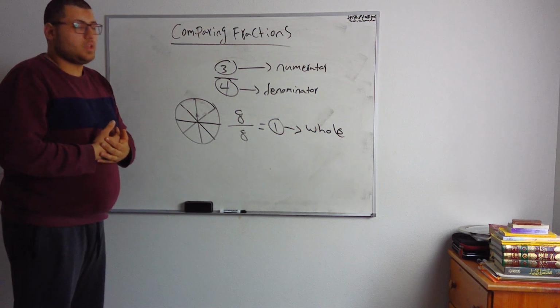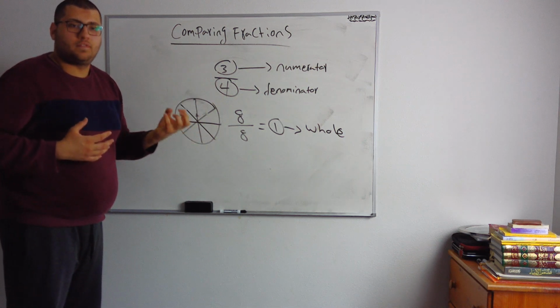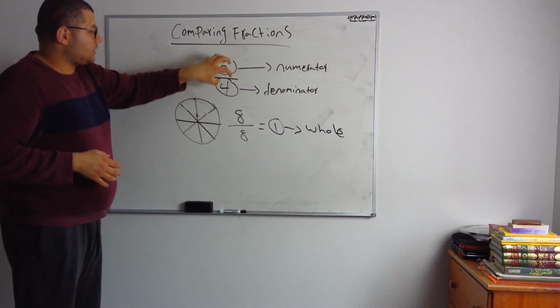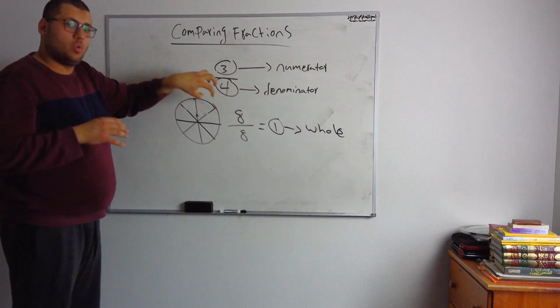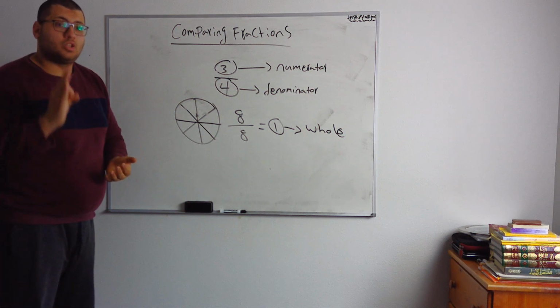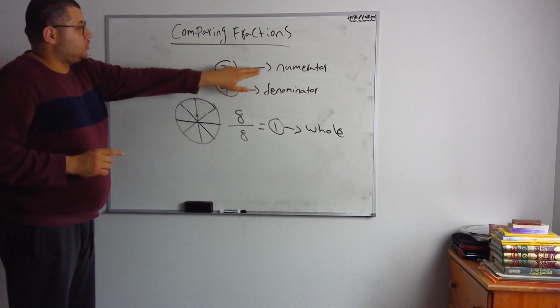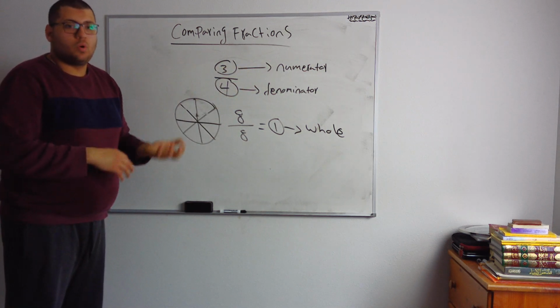If you're looking for the unshaded, you do the same. You find the number of unshaded, you put it on the top, and the denominator is always the total amount of slices. Remember that. The numerator is either the shaded or the unshaded.